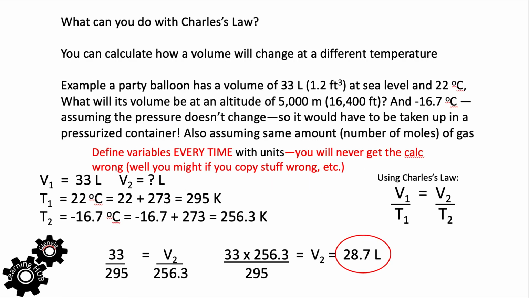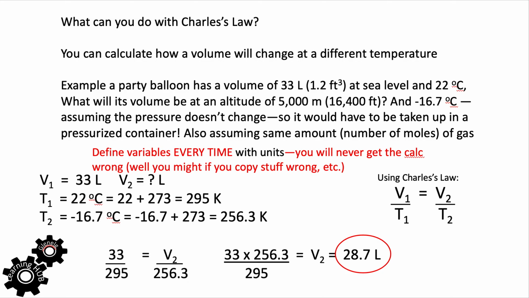So we've got an example here. You can calculate how a volume will change at a different temperature. A party balloon has a volume of about 33 litres at sea level and 22 degrees C. What will its volume be at an altitude of 5,000 meters, where the temperature is negative 16.7 degrees C?